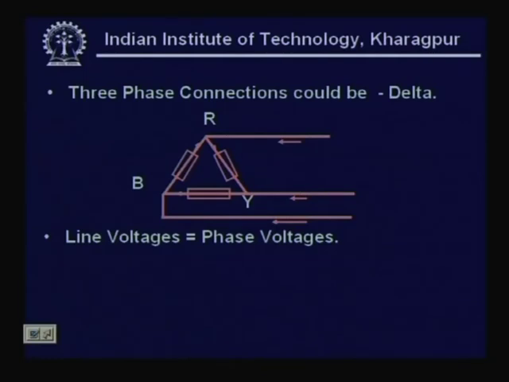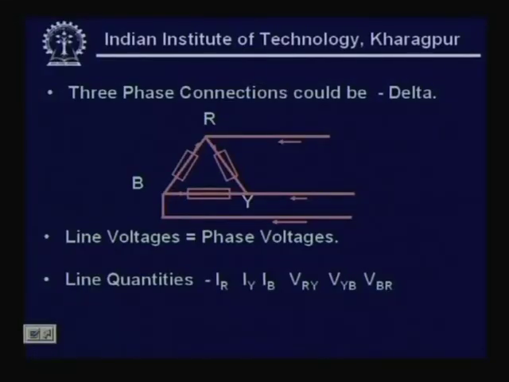Within the delta, the currents through and voltages across the coils are called phase quantities, and the currents through the three lines employed are called line currents, and the voltage across them are called line voltages. As may be seen, the line voltages are equal to phase voltages in case of a delta.